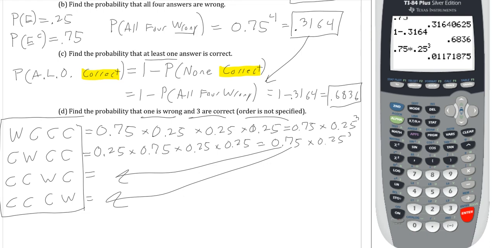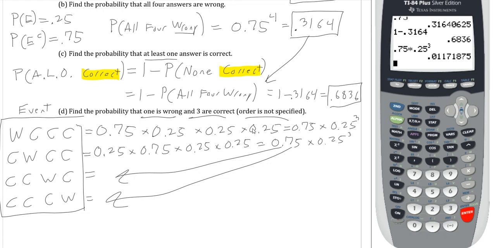Since we're considering the event of 1 being wrong and 3 being correct, that means we need to consider all possible outcomes where that could happen. We just calculated a single outcome, so we do need to calculate the other 3. But since they all can happen in the same way, we can do this in a little bit more of a shorthand way.